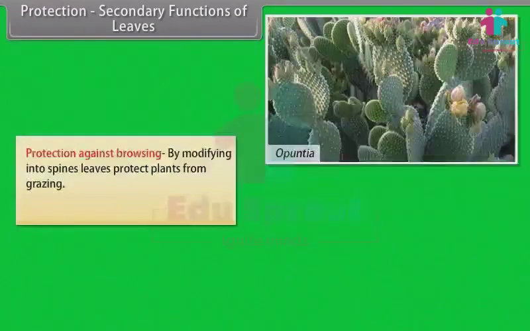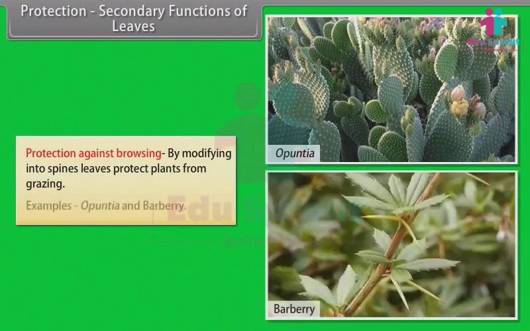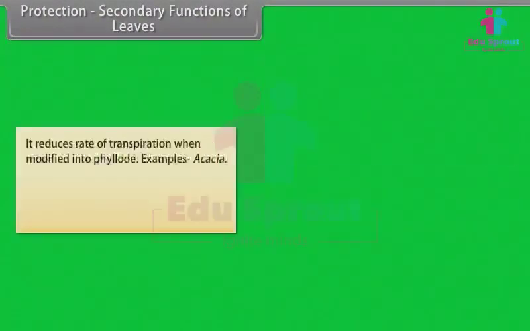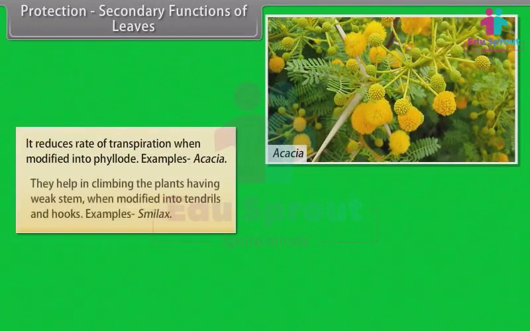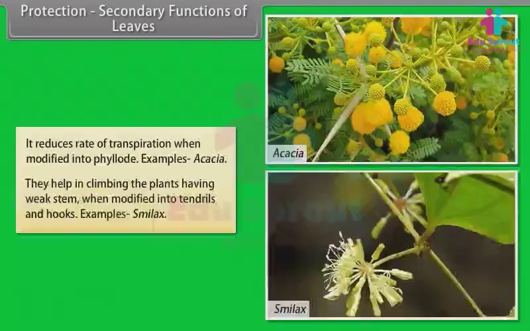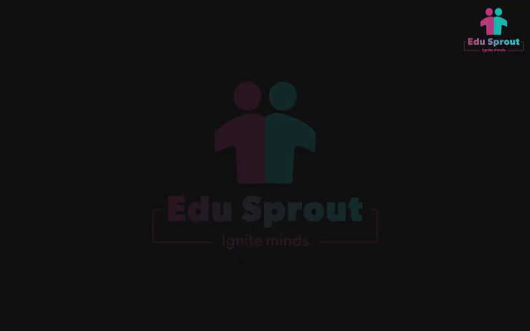By modifying into spines, leaves protect plants from grazing. Examples, Opuntia and Barberry. It reduces rate of transpiration when modified into phyllodes. Examples, Acacia. They help in climbing the plants having weak stem when modified into tendrils and hooks. Examples, Smilax.